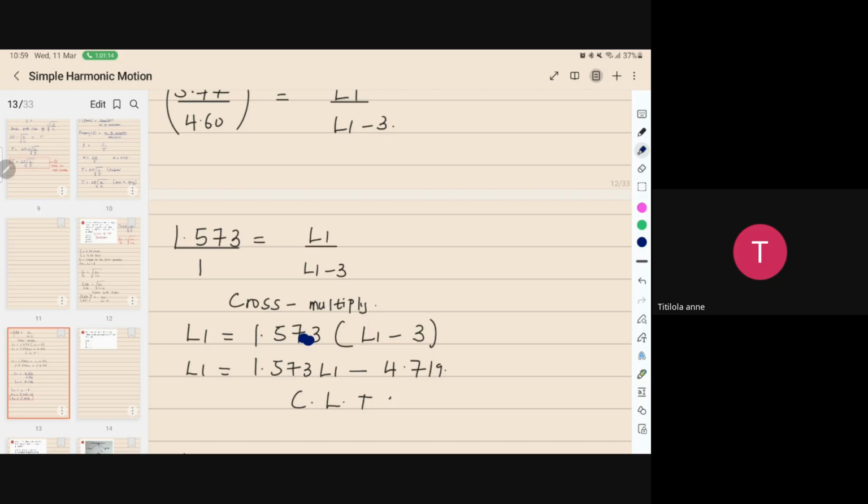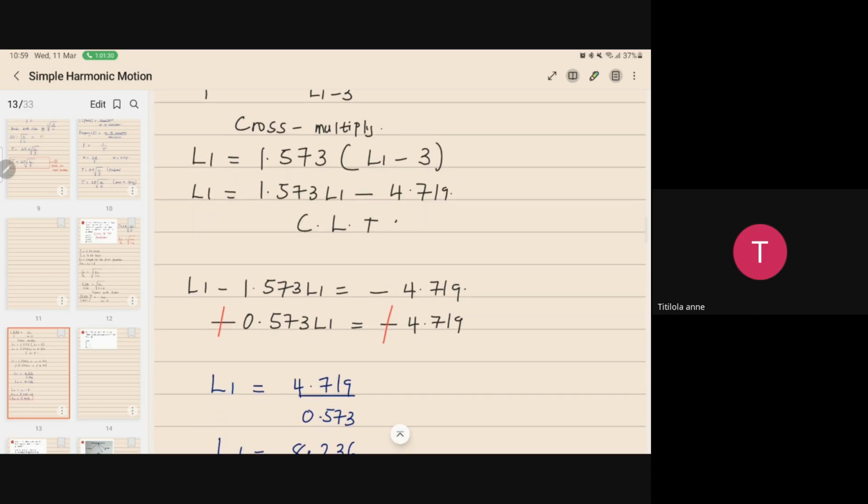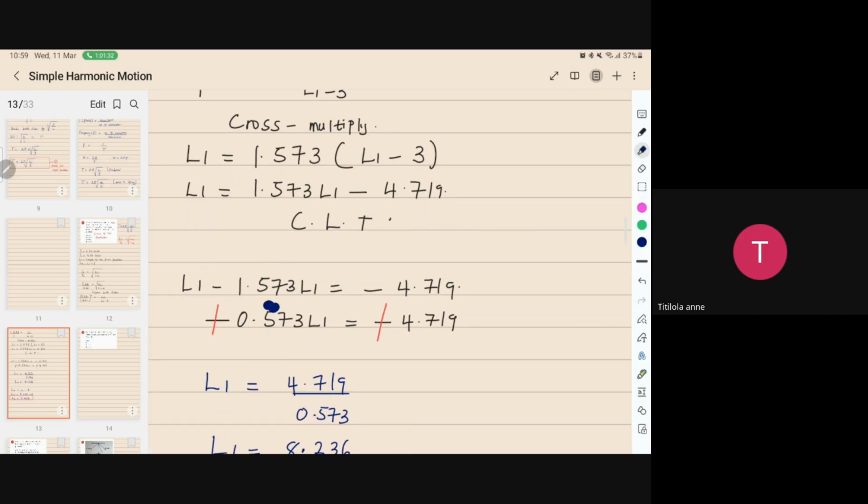So 1.573 multiplied by L1 will give me 1.573 L1. Then this multiplied by this will give us this. I collected like terms: let L1 meet L1. After meeting each other, there was a subtraction that gave us this particular value.